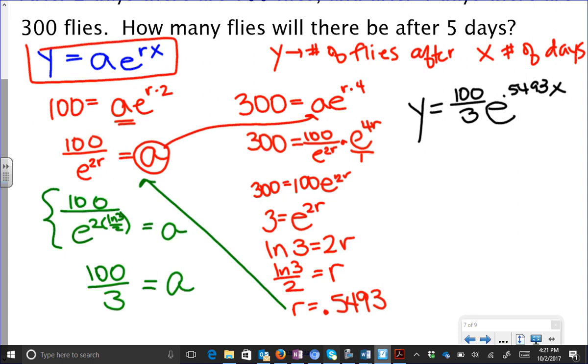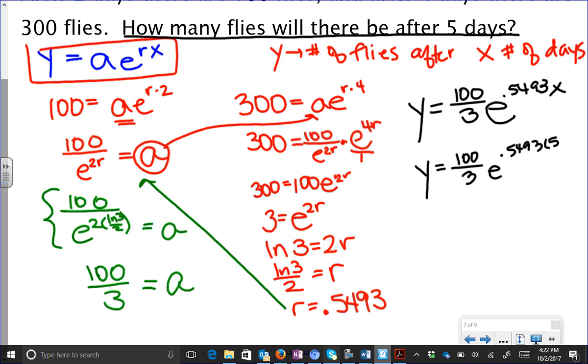Okay. So if we want to know how many flies after 5 days, then what we can do is we can plug in 5 to x, type that into our calculator, so that we get 519.6 flies.